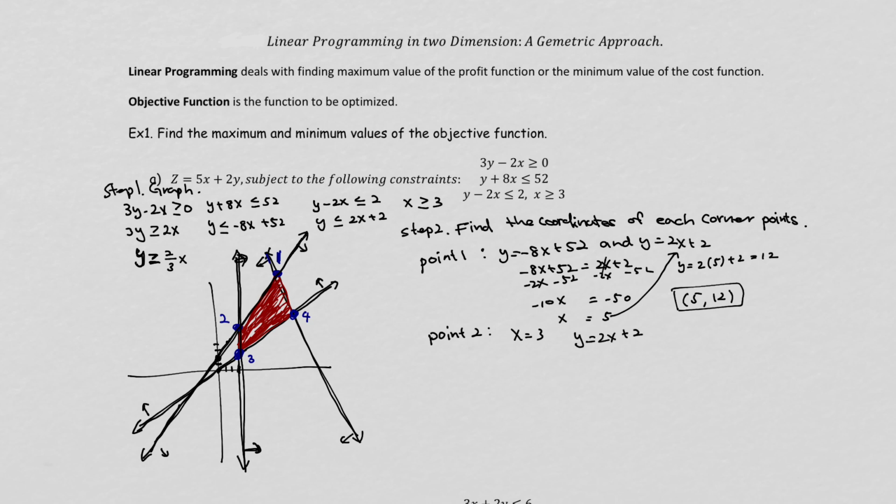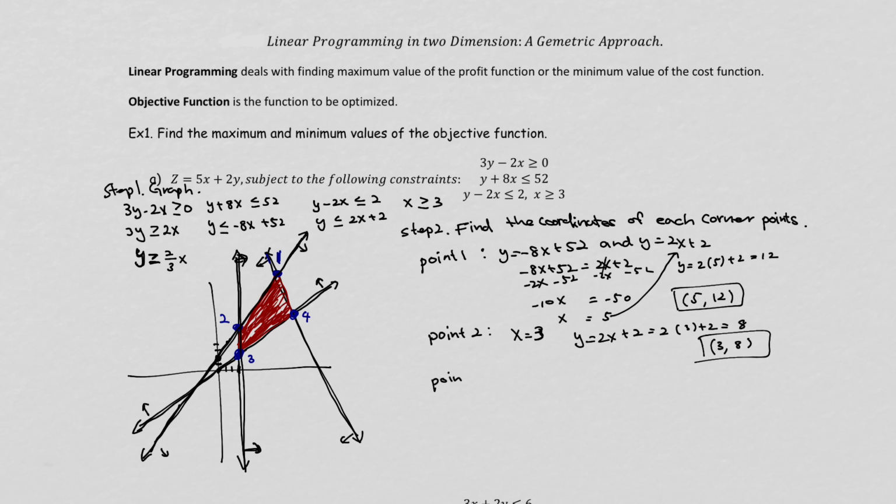So when you let x equal 3 here, you will get 6 plus 2, so it will be 8 for the y value, and x is 3, right? So the second point is going to be 3 and 8.